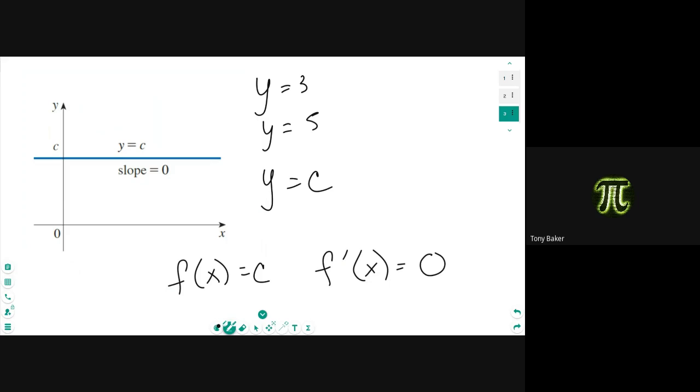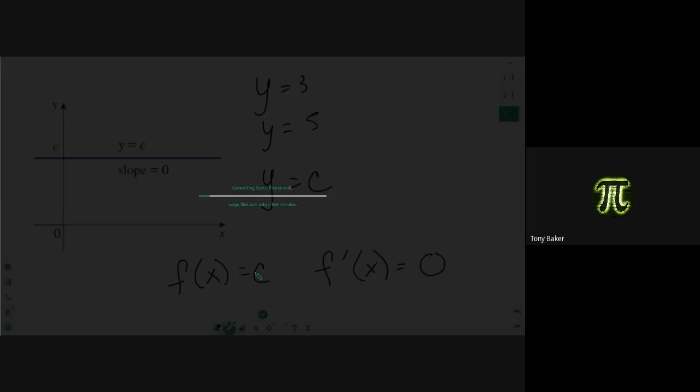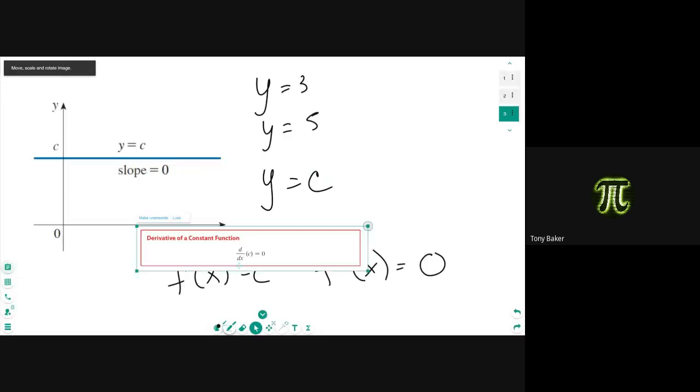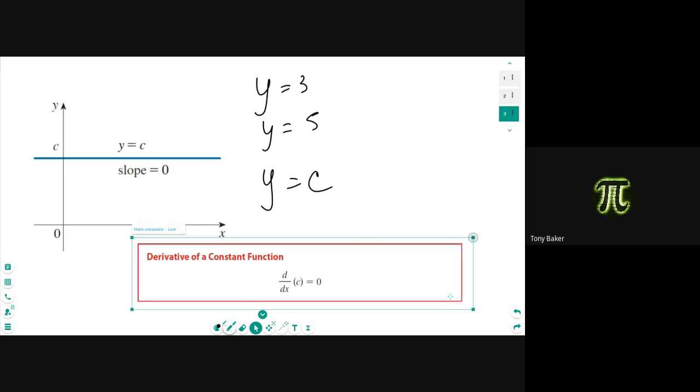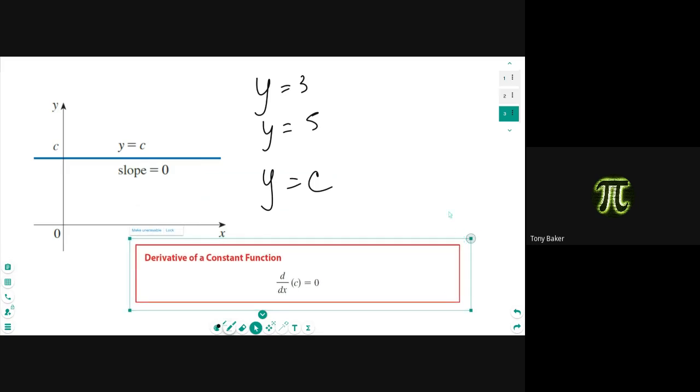Rule number 1. We're going to look at a whole bunch of derivative rules. That's the first one. Should also be the easiest one. I will copy the official rule from the book. So the derivative of a constant is 0.